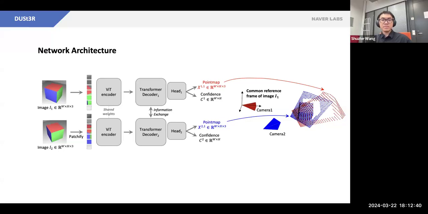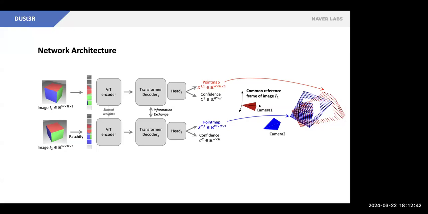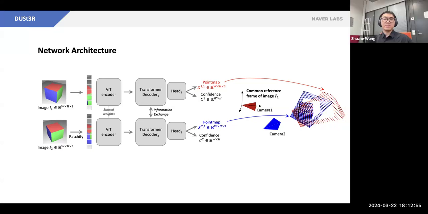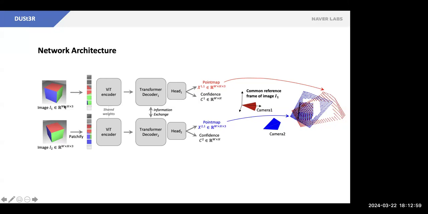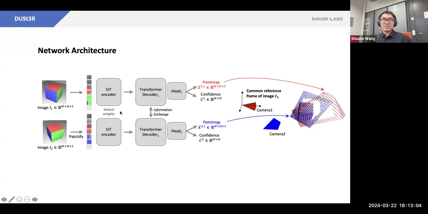And then image 2 has a coordinate that is relative to camera 1, and you use that to project image number 2 to the coordinate of image number 1. Yeah, in the 3D world. Okay, please go ahead.